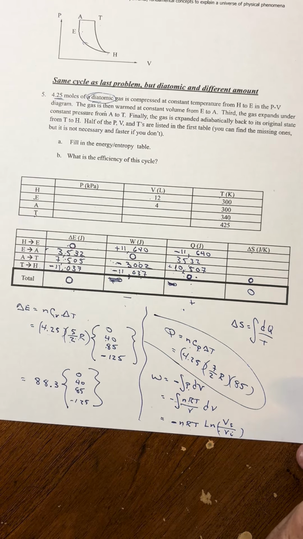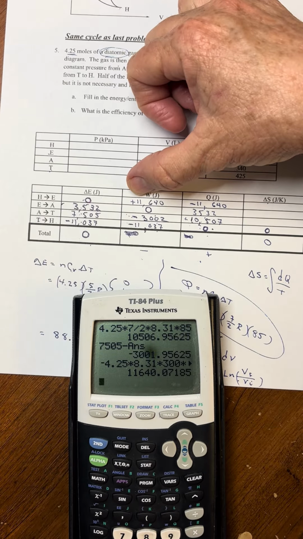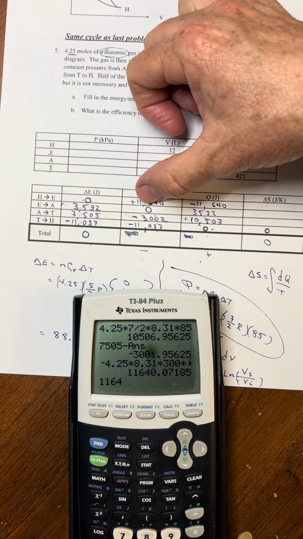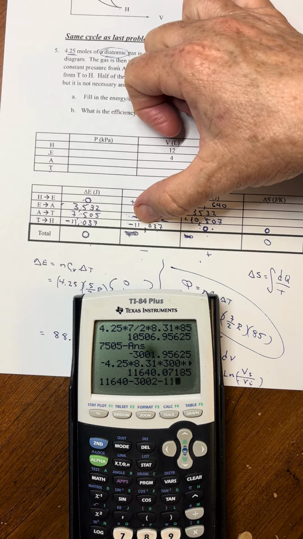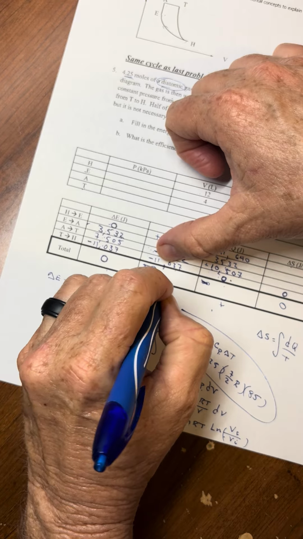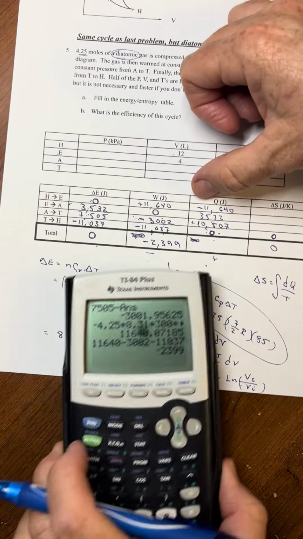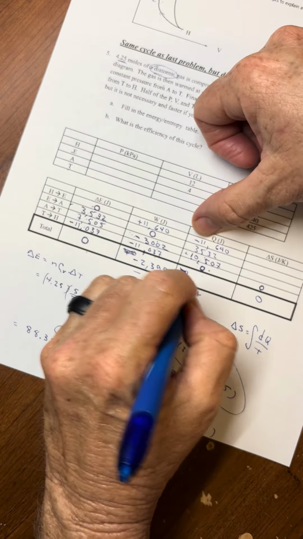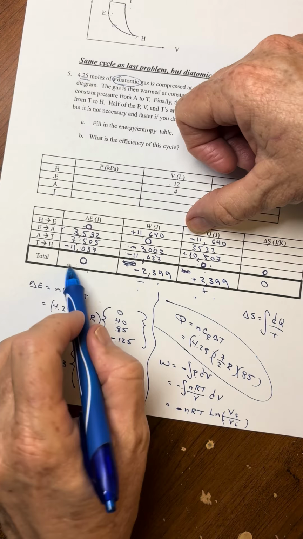So there's our negative. So if we kind of test this, we can go 11,640. We could subtract off 3,002, and we could subtract off 11,037, and we get a negative 2,399. Then I hope this comes out to be a positive 2,399.